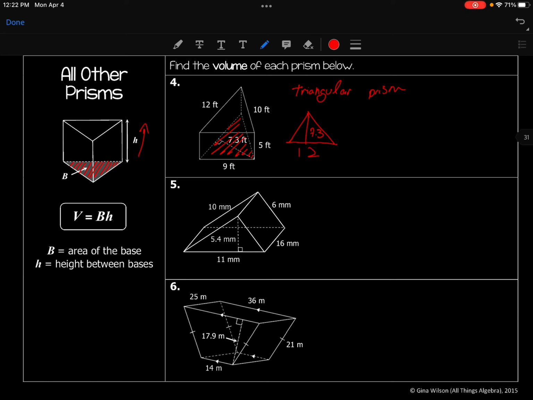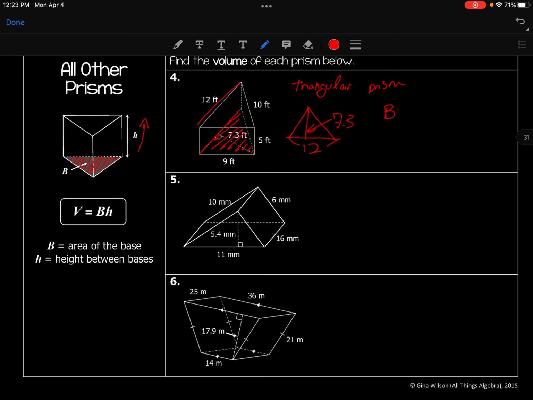How do we know the base is 12? Well, we know that this side is 12, therefore that side must be 12. Let me make this cleaner. That part is 7.3, this length is 12. In order to find the area of the base, it is a triangle, so it should be base of the triangle times height divided by 2, which in this case is 7.3 times 12 divided by 2.